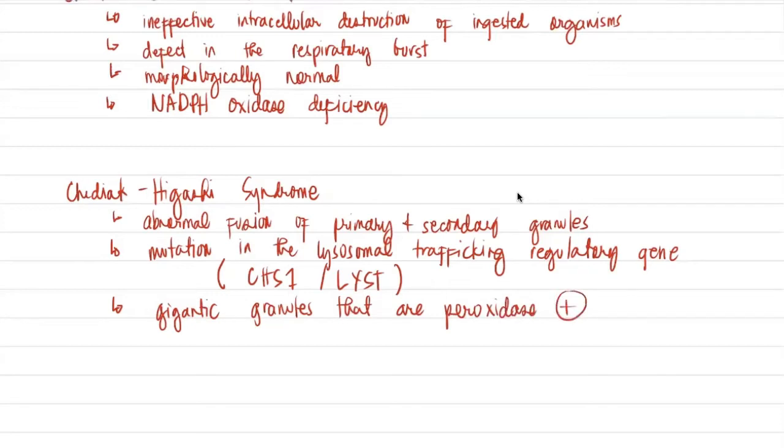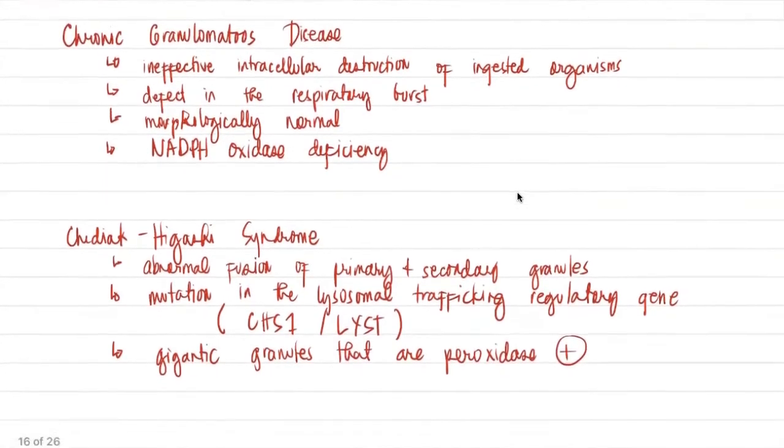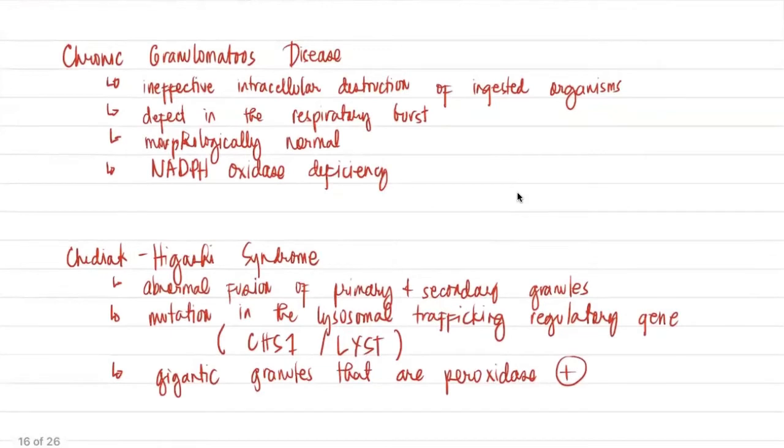So basically, both chronic granulomatous disease and Chediak-Higashi syndrome are functionally abnormal. But in chronic granulomatous disease, morphologically, the WBCs are normal, whereas in Chediak-Higashi syndrome, there is a morphological anomaly: the presence of gigantic granules that are peroxidase positive.